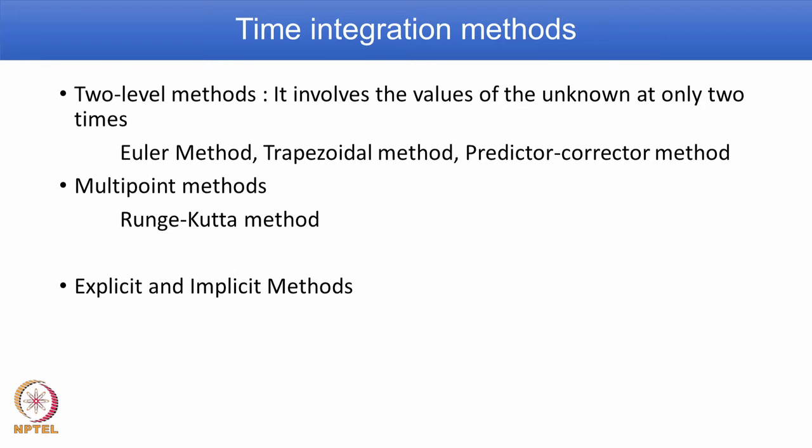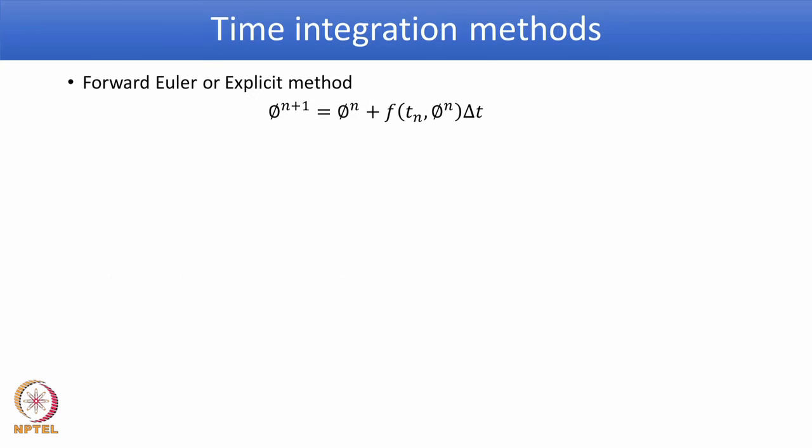You also have a classification known as explicit method as well as implicit method. First, we will see in detail the Euler method. In the Euler method again you have forward Euler or explicit method, and that is shown here: phi at n plus 1. Here superscript n plus 1 corresponds to time.